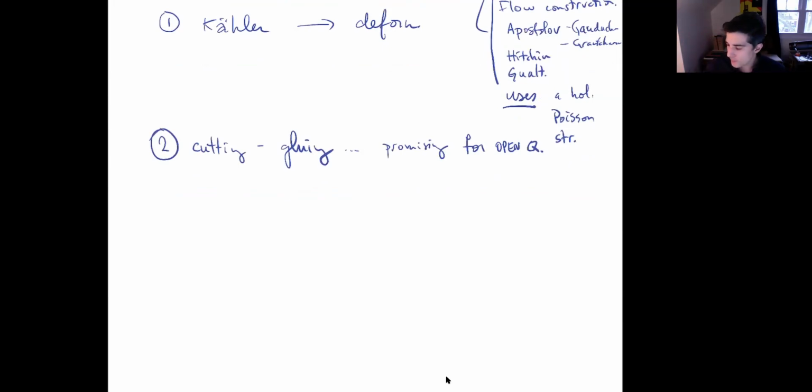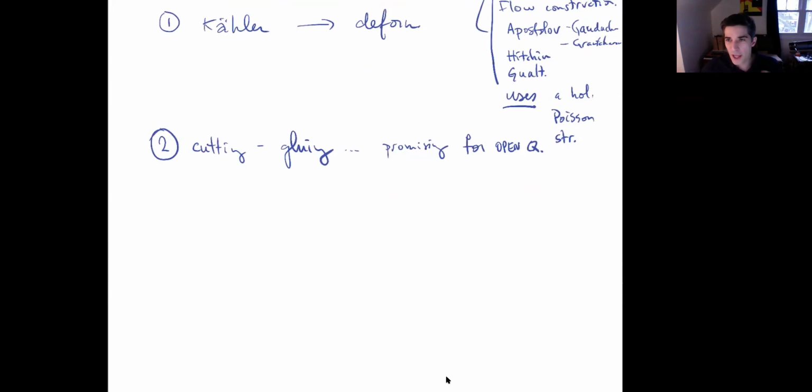This is somewhat inspired by the way that you can construct Kähler toric varieties, right? Kähler toric varieties are very modular. They have different open subsets which you can glue together to make compact examples.